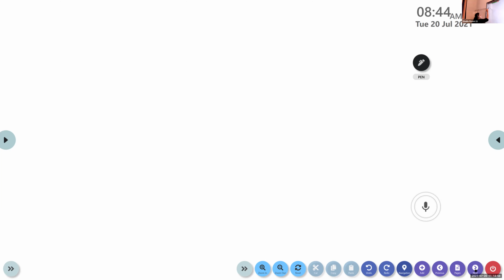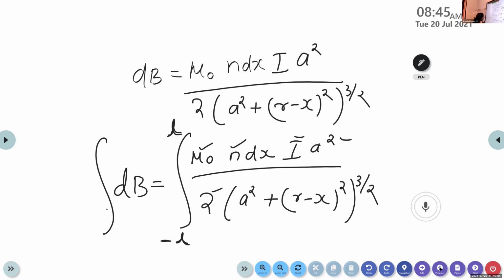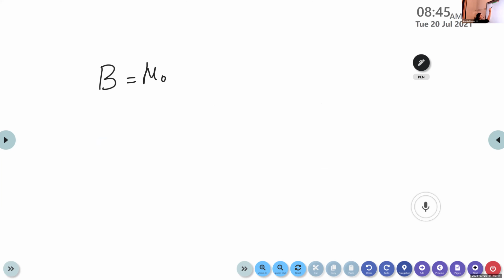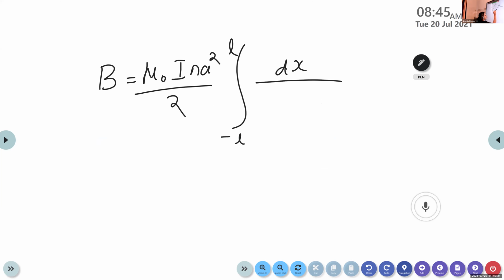So we get B is equal to mu 0 I n a square divided by 2 into the integral from minus L to plus L of dx divided by (a square plus (r minus x) the whole square) the whole raised to 3 by 2.